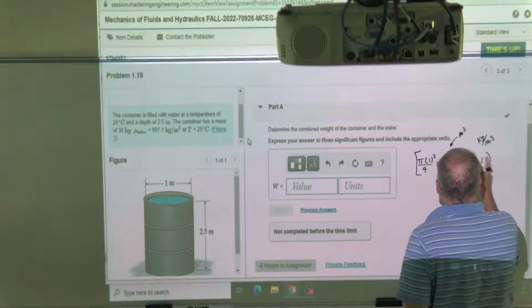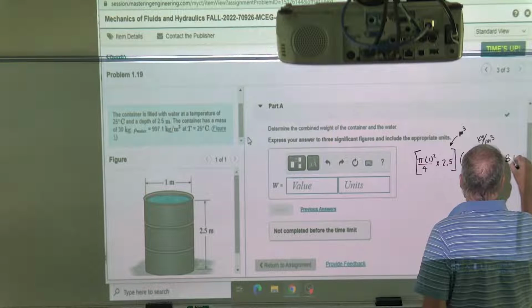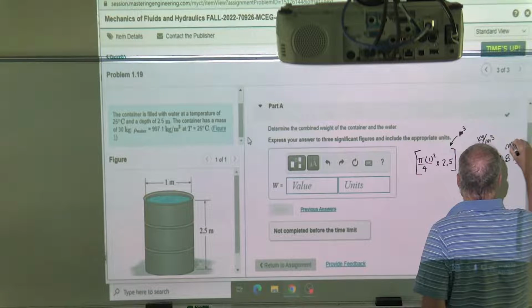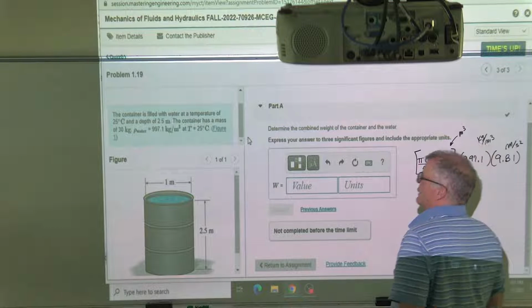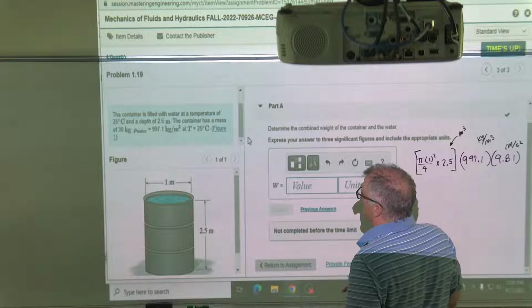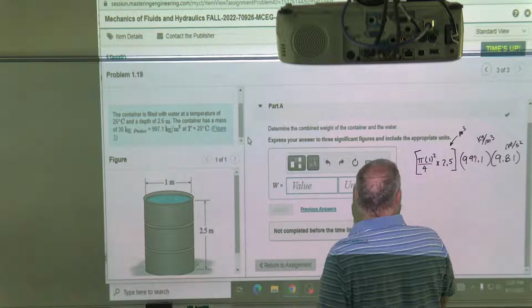But that's still not the weight. If I multiply, that's the mass. And then I'm assuming, this is an assumption, meters per second squared, I'm assuming it's 9.81. Then he says the container has a mass of 30 kilograms.